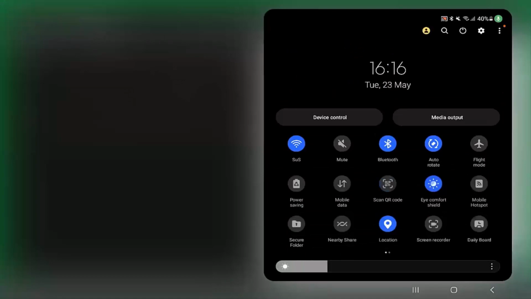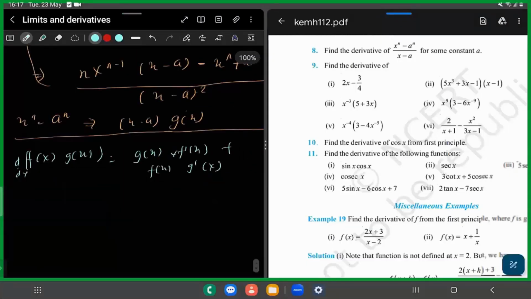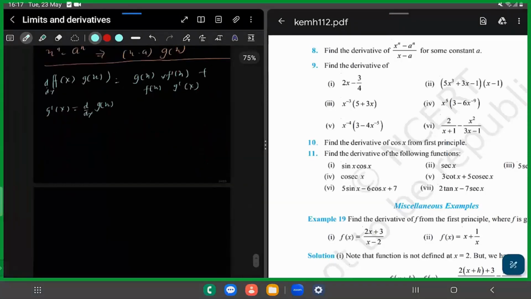The derivative of f(x) into g(x), dy/dx of f(x)g(x), is equal to g(x) into f dash x plus f(x) into g dash x, where g dash x is equal to dy/dx of g(x). So you have to apply this formula in the remaining part.